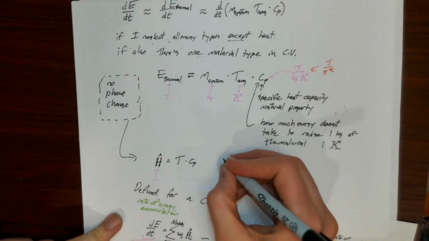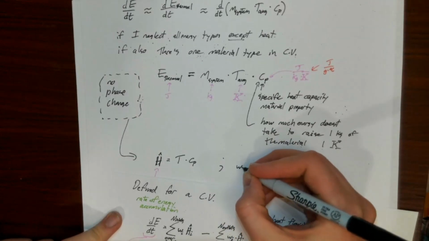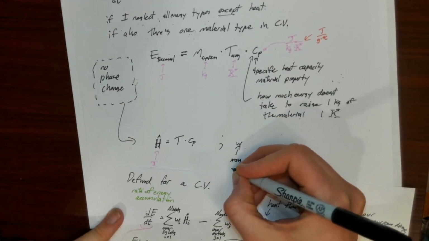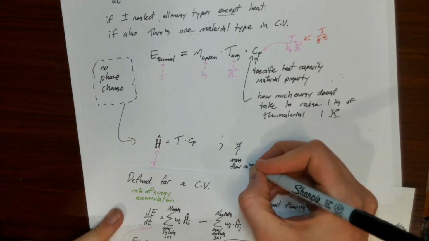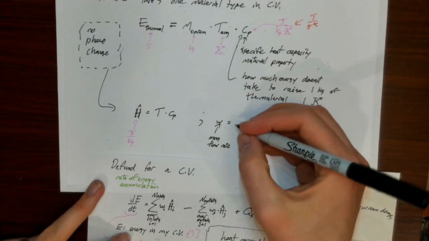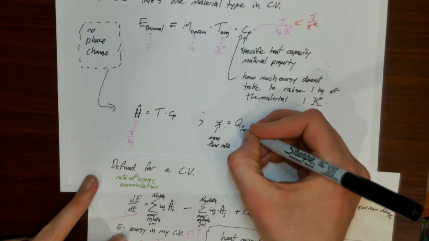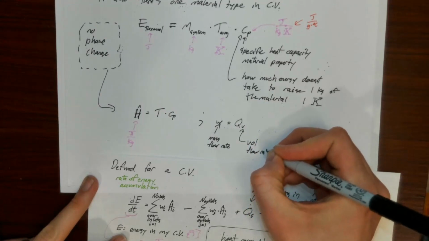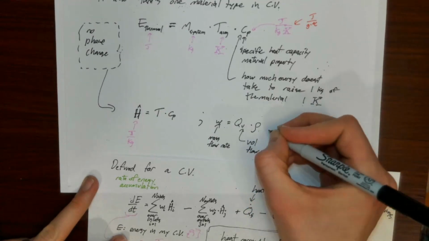And of course, I could also say my mass flow rate might be a little bit easier to express or measure. I could put it as a volumetric flow rate times density.